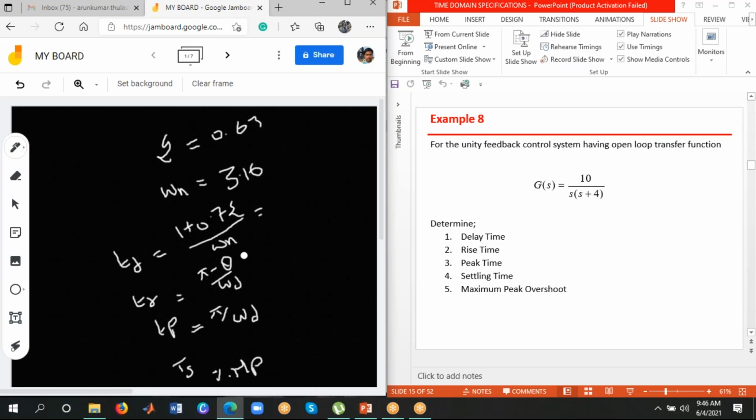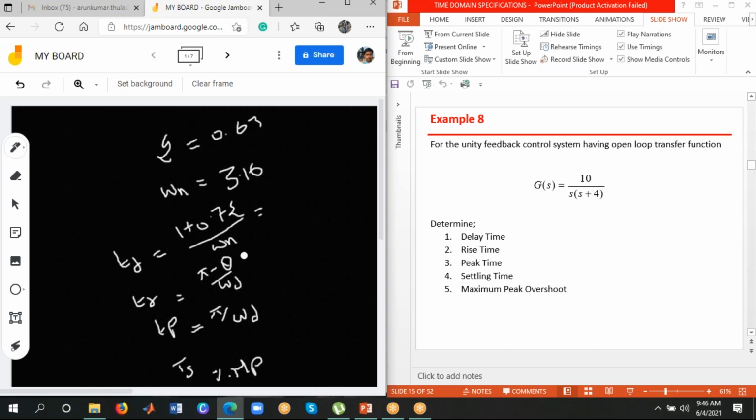So find the TD value. What is the delay time value?